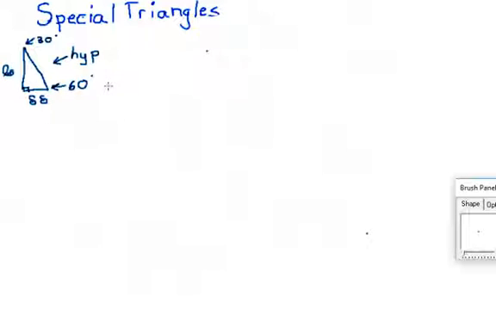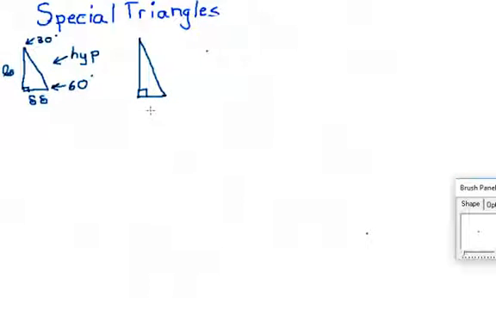Now, there are some properties about a 30, 60, 90 degree triangle that make figuring out how long the sides are a little bit easier than using the Pythagorean theorem.